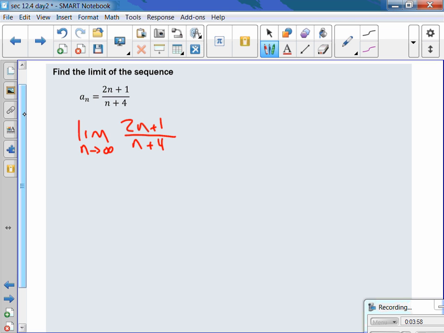So as we did in the example, we had a dividing out technique where we take the highest power term of our denominator. In this case, as you said, that would be n. So I can divide everything by n, simplifying.